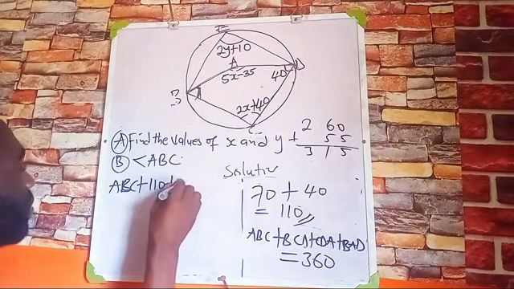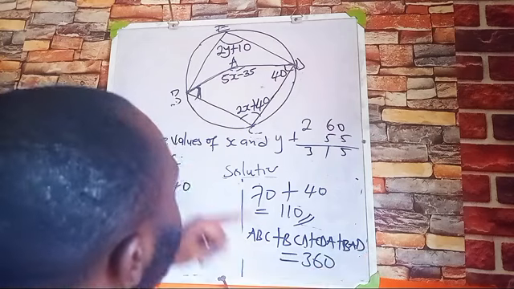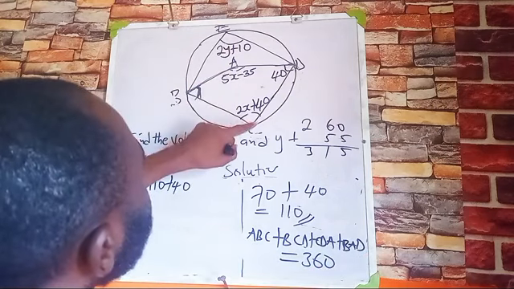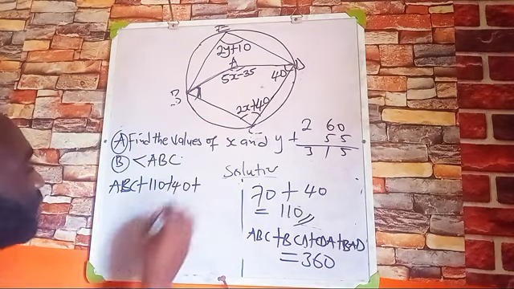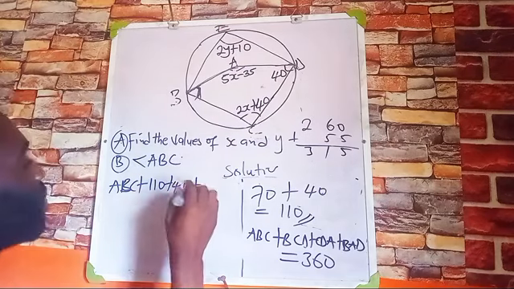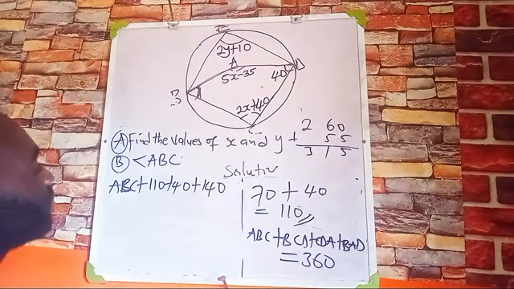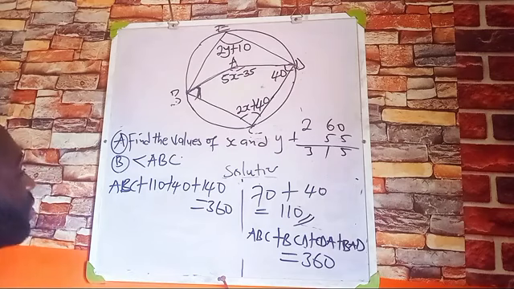Then BAD we have it as 140, and everything is equated to 360.